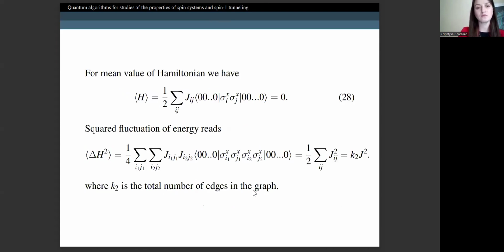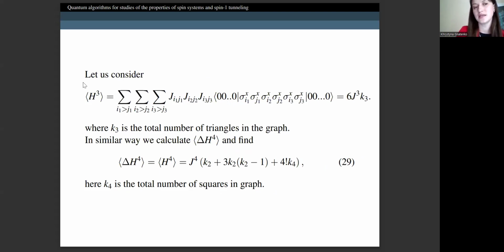Then, if you consider the mean values of the Hamiltonian, we obtained that these mean values are related with the number of edges in the graph, links in the graph. So this K2 is the total number of edges in the graph.